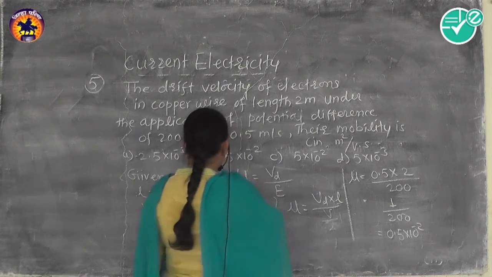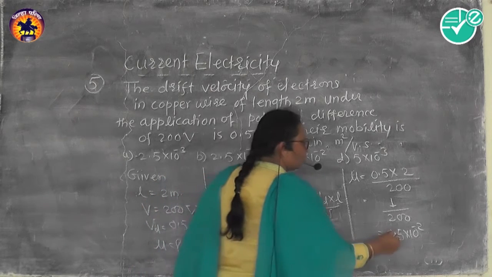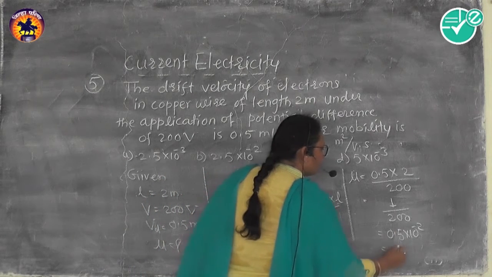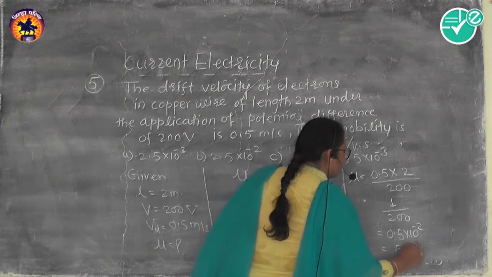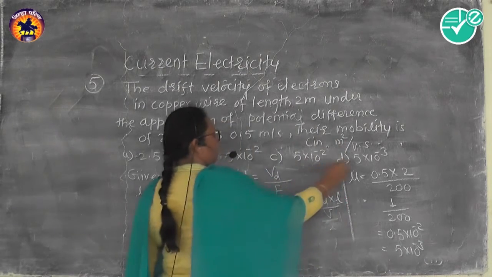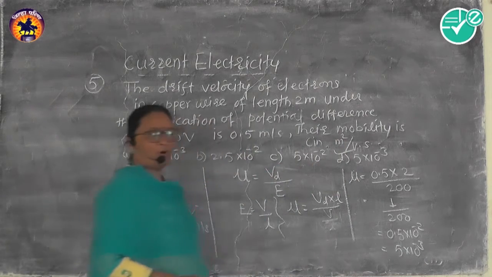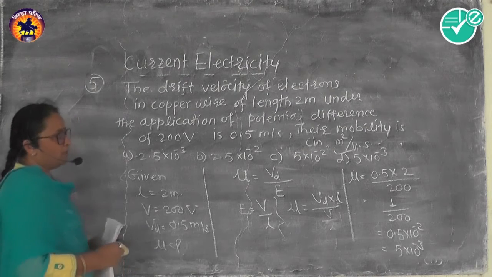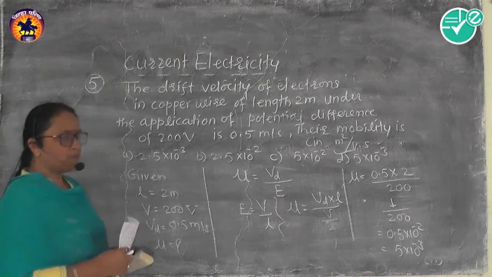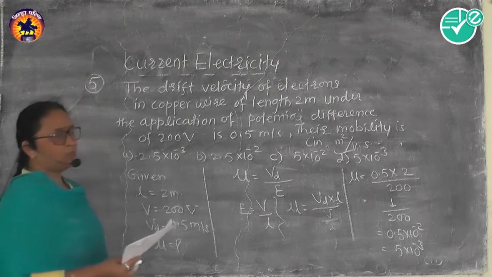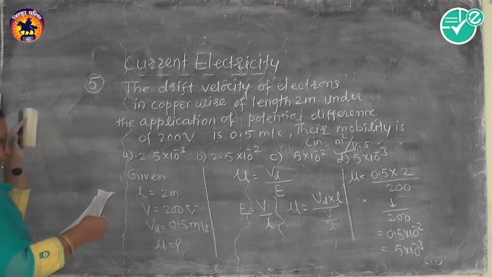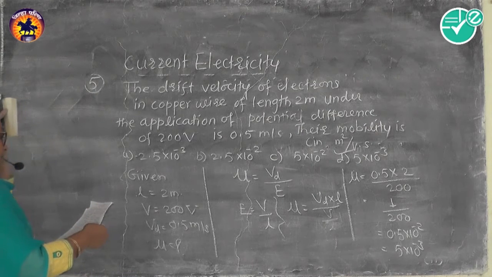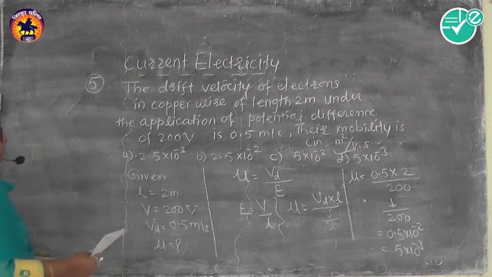But here there is no such type of option, so move that decimal point towards right, you will get 5 into 10 to the power minus 3, and this will be the option. So option D is the correct option, which is 5 into 10 to the power minus 3 meter square per volt second. So this is mobility of those electrons.